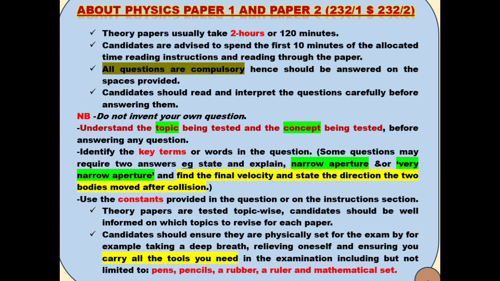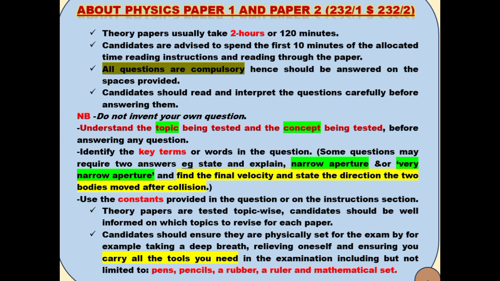So the first point is that theory papers usually take 2 hours or 120 minutes, and candidates are advised to spend the first 10 minutes of their allocated time reading instructions and reading through the paper.